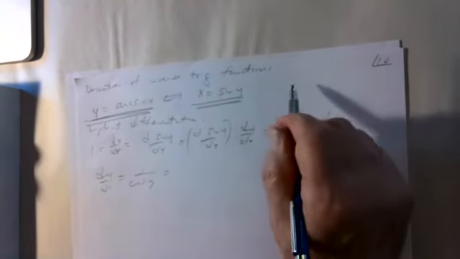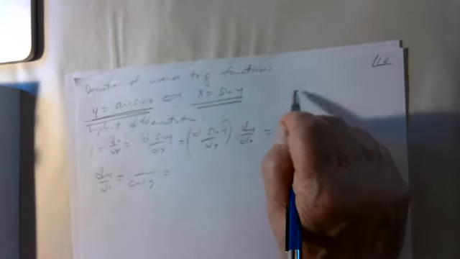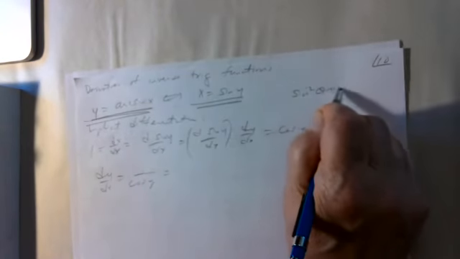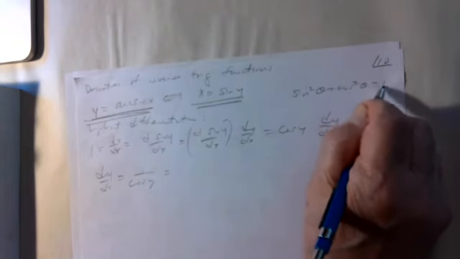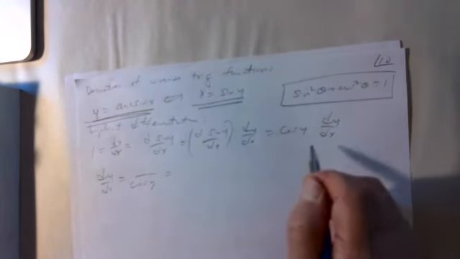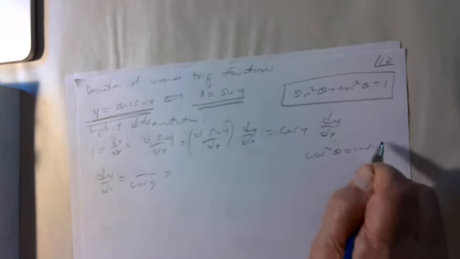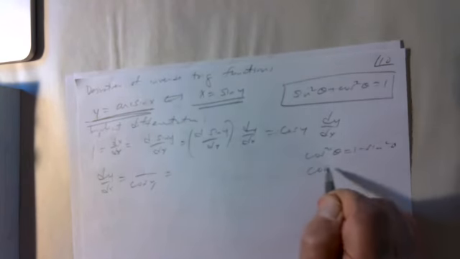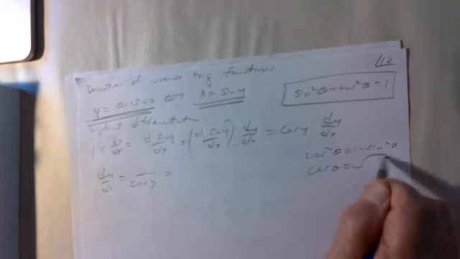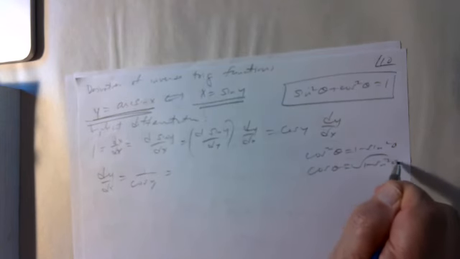Now, the trig identity you should never forget is sine squared theta plus cosine squared theta equals 1 for any angle theta. So cosine squared theta is 1 minus sine squared theta. So cosine theta is the square root of 1 minus sine squared theta.